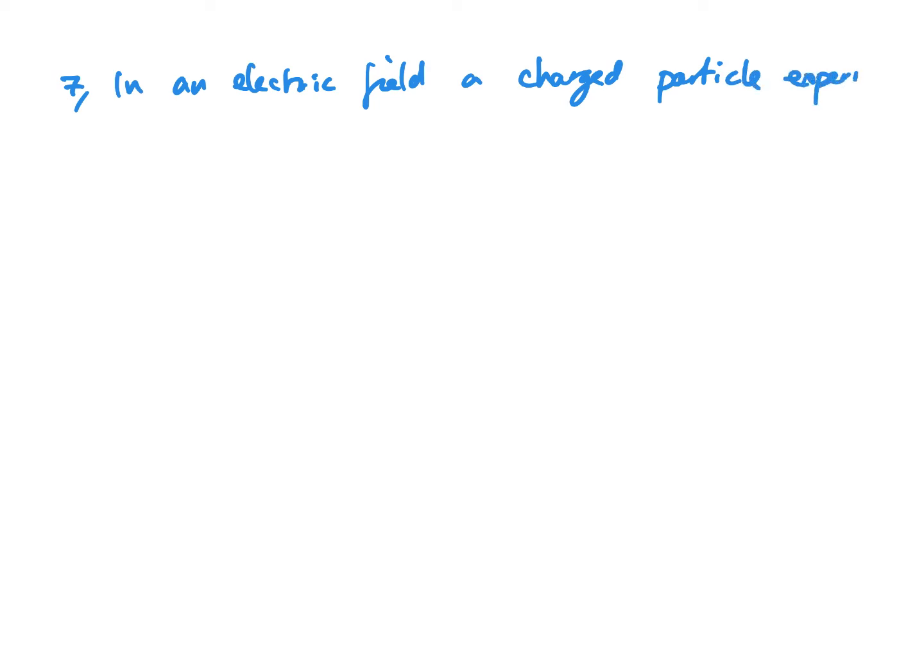7 is a wee bit of a repeat of number 1, but in an electric field, a charged particle experiences a force. I think the only bit it adds is the direction of the force, although we've mentioned it, we've not actually written it down.